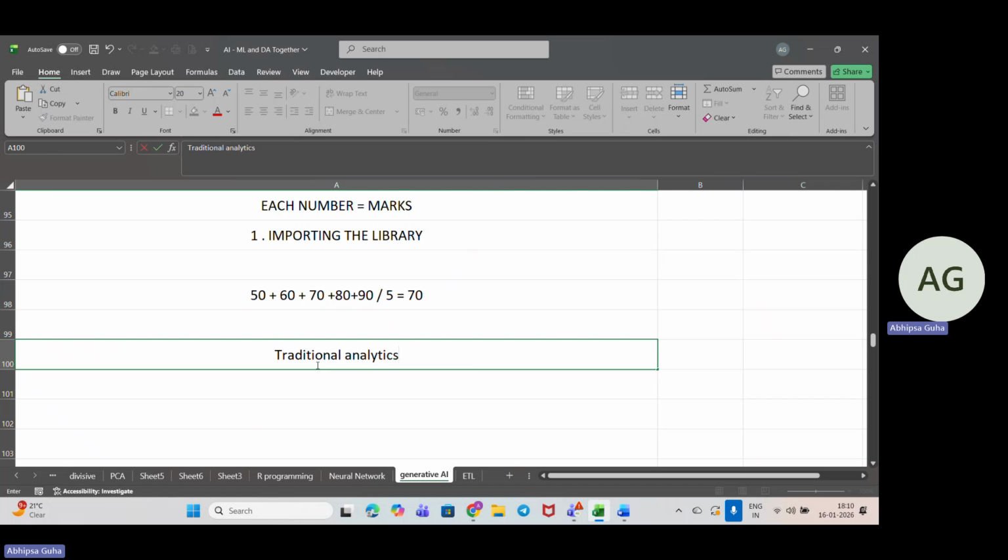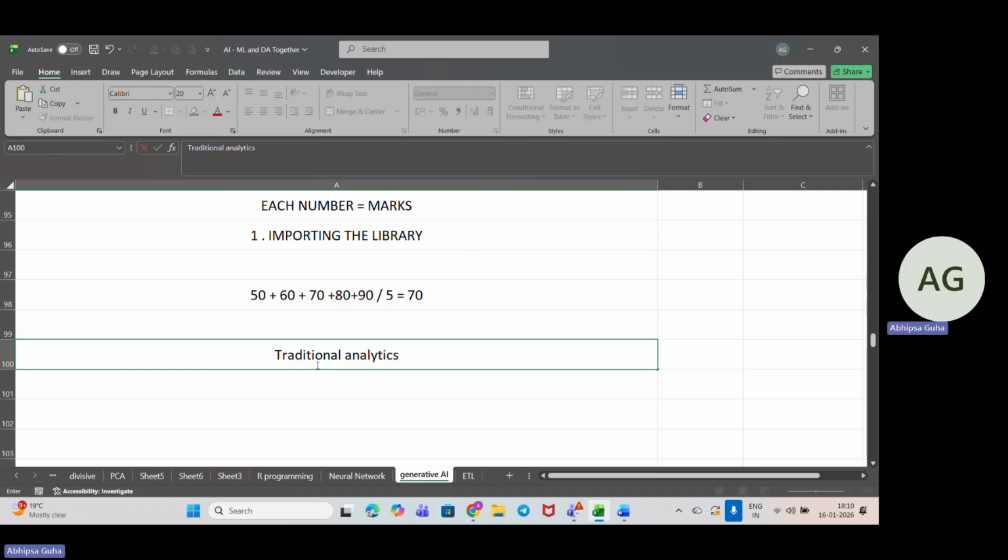Suppose I have an example. Okay, an Apple store. What happens in the Apple store? Suppose the Apple store sold 10 apples today, and yesterday it sold 5. Traditional analysis can just tell sales increased, difference 5, but cannot explain in words by itself, right?